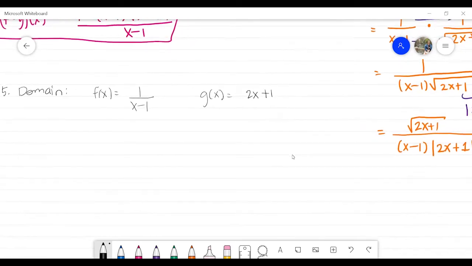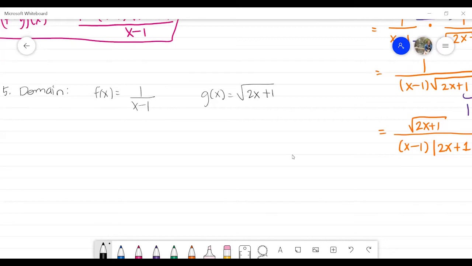Make sure I have that right. Yes. So for each individual part, finding their domain, well, our first one's a fraction, right? And this cannot be equal to 0, which means we cannot have x equal to 1. So f's domain is all real numbers except for 1.